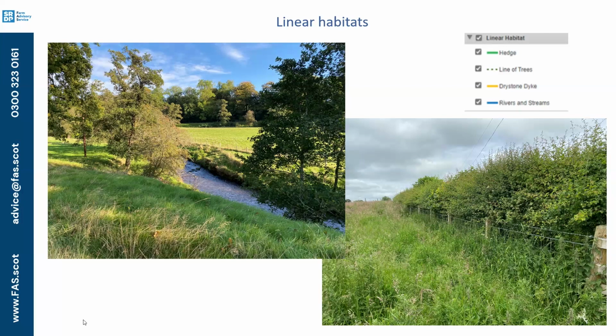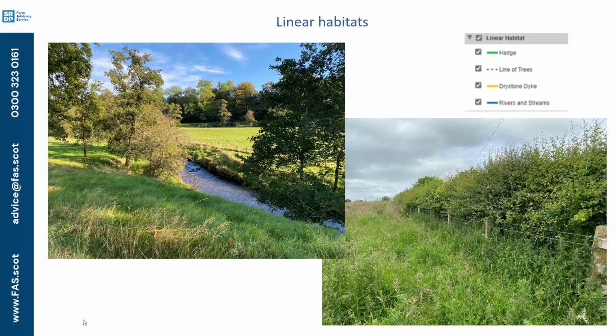And the best way to get that to establish like that is to try and cut your hedge into an A shape. So you can see in that photograph there, as you look along the line of the hedge, it does sort of slope towards the top, and that just allows light to get to the branches at the bottom as well, which creates a thicker, more dense hedge, and it's better habitat for nesting birds.